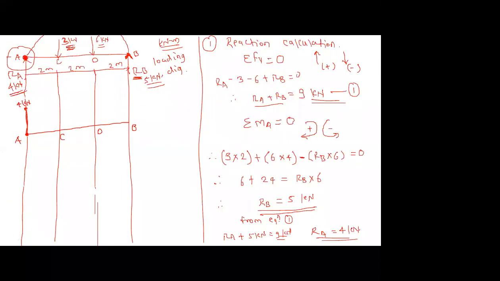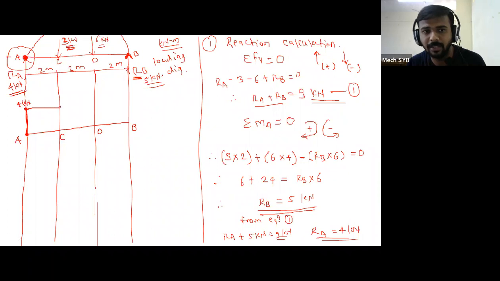4 kilonewton. So draw this line horizontal perfectly to point C. This is 4 kilonewton.